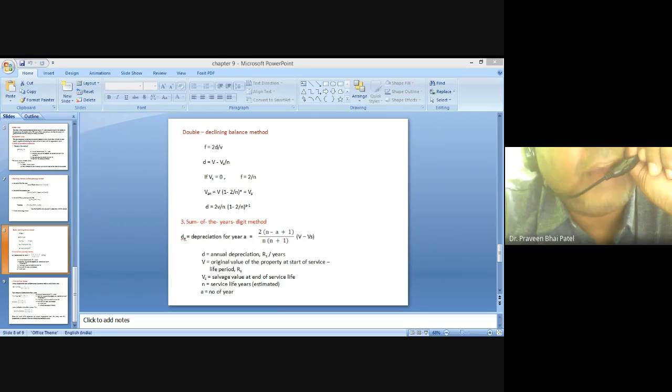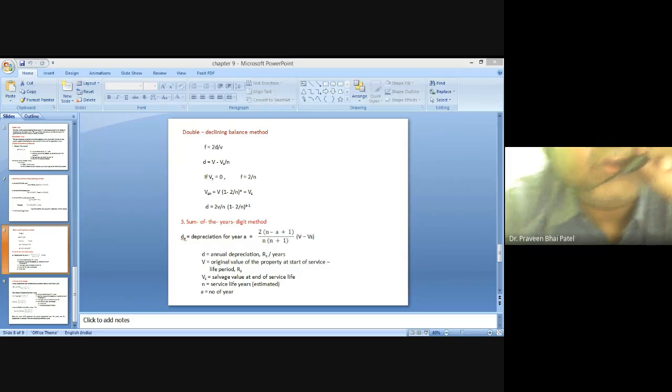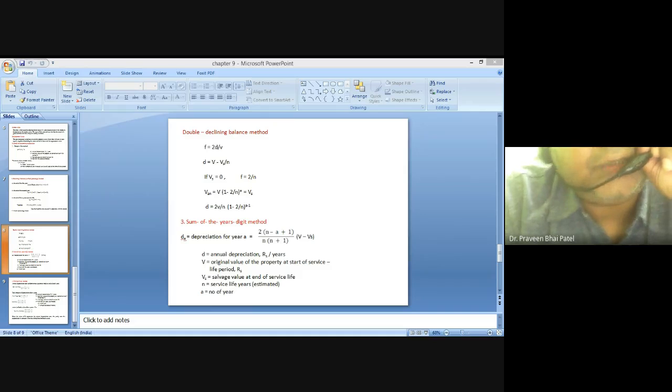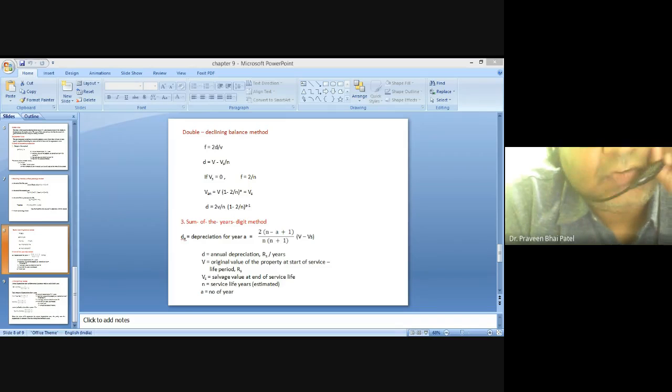In the first year the deduction was 6,000, that is 20% of 30,000. Now in the second year we are going to deduct 20% of 24,000. That will be 4,800 rupees.